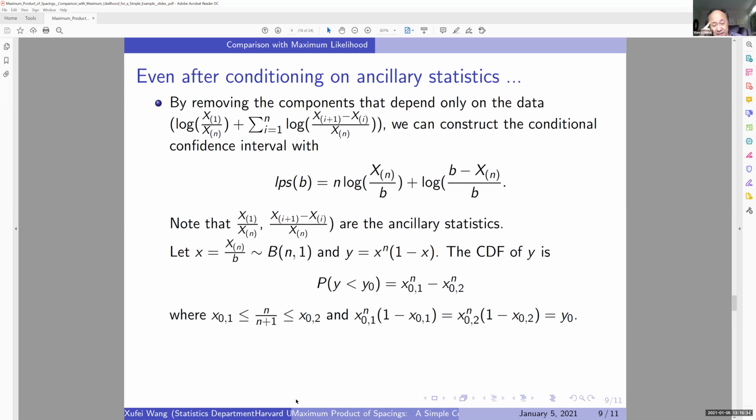Now I just realized, maybe that's the puzzle. Because xn over b here is no longer a beta. Conditioned on that thing, it's not a beta. It's a complicated quantity. Maybe the reason we didn't get the right answer is we didn't do the conditioning. We did the removing, which is different from conditioning. You see what I'm saying? Because xn no longer has the beta distribution, conditioning on this sum.